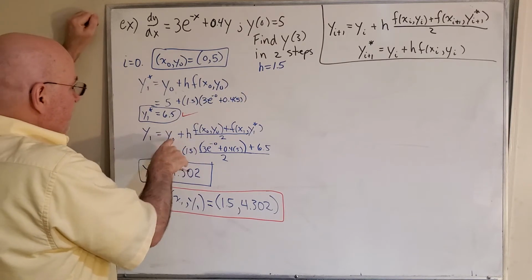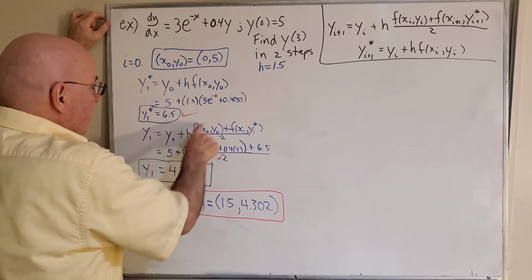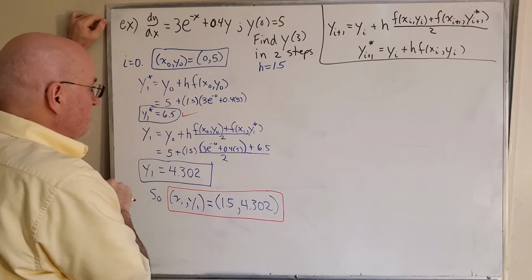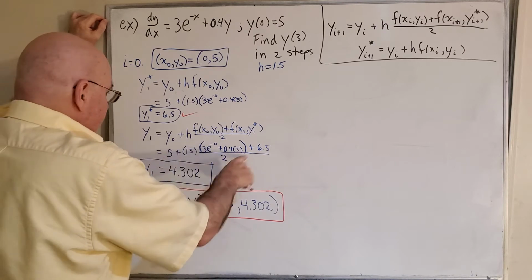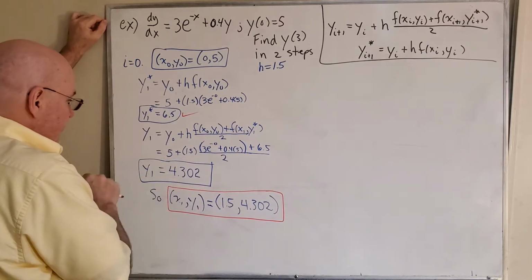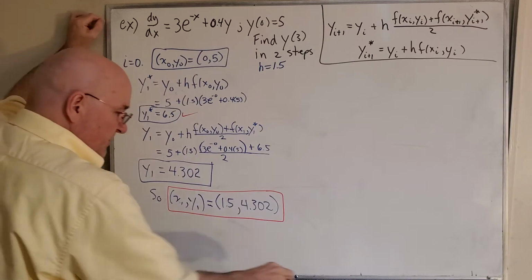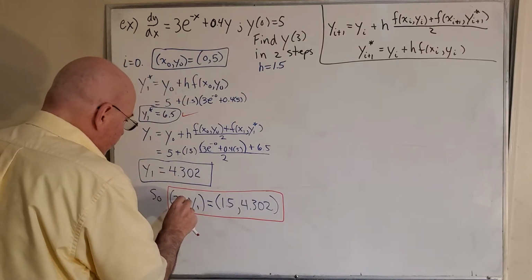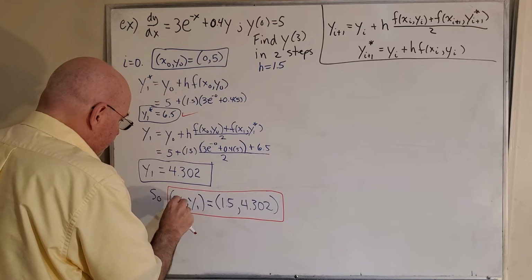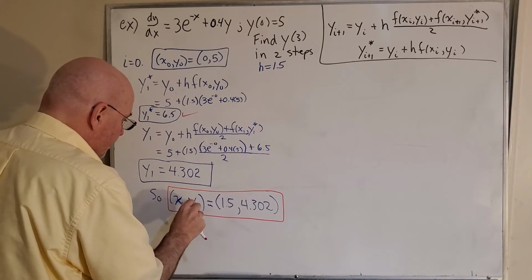And I wrote it down here again: y0 plus h times the average of these two function values. So now I plugged in the values. I plugged it into the calculator and I got y1 is 4.302. So this is our estimate of x1, y1.